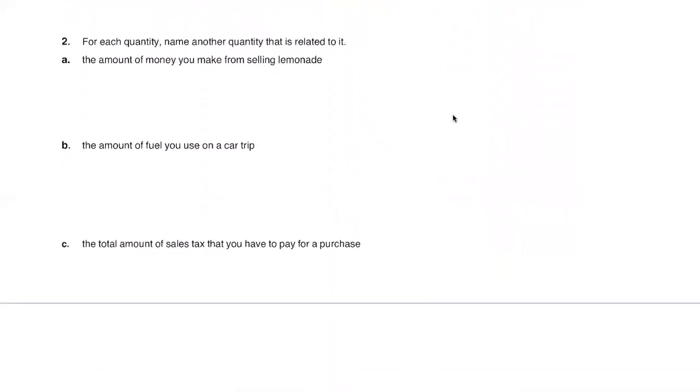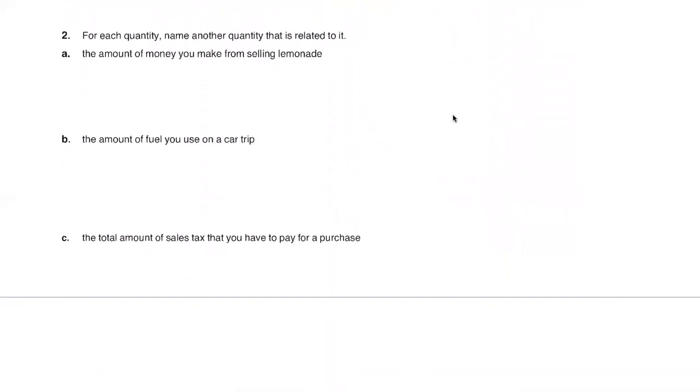Now, let's look at some more examples. For each quantity, name another quantity that is related to the amount of money you make from selling lemonade. Well, it's maybe the amount of money you need to buy lemons. Money spent on lemons. Maybe you're going to keep getting lemons. Or the amount of cups used to pour the lemonade.